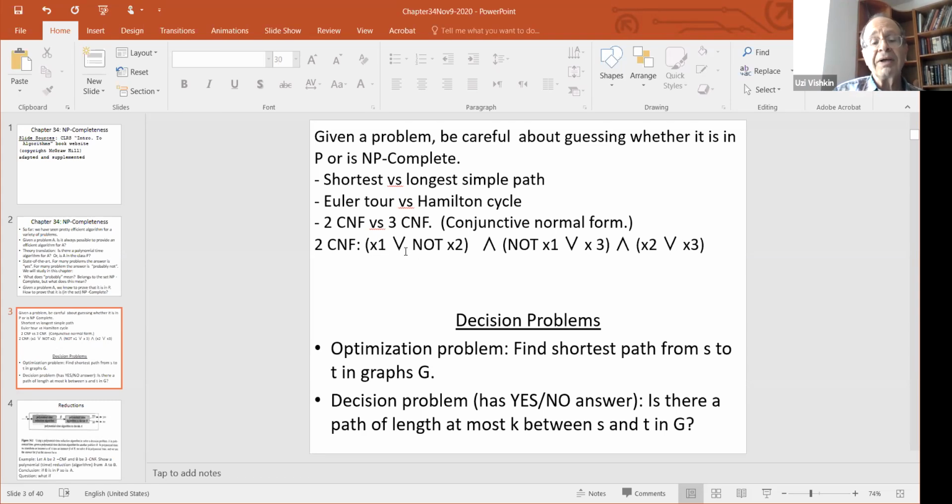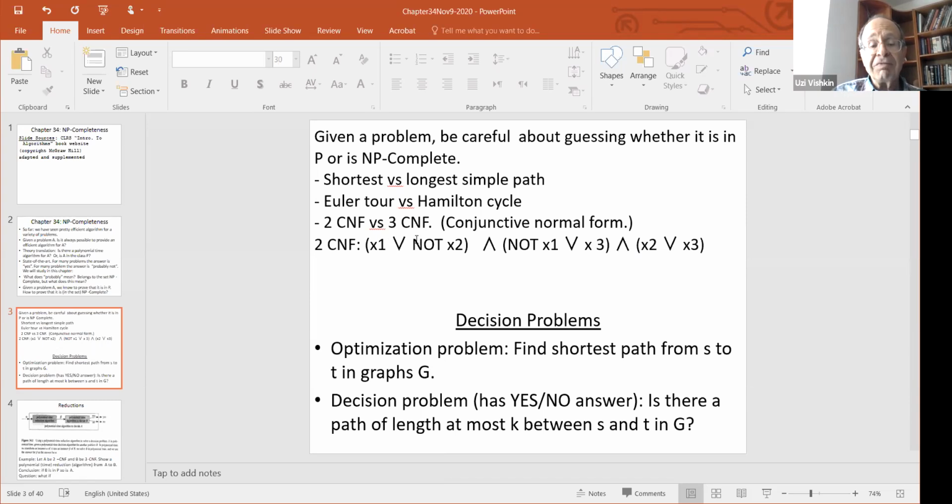So x1, not x2, here not x1, x3, and so on. So you have these literals, which are variables, either negated or not. So each variable can be a bit. It's a 0 or 1, or true or false.